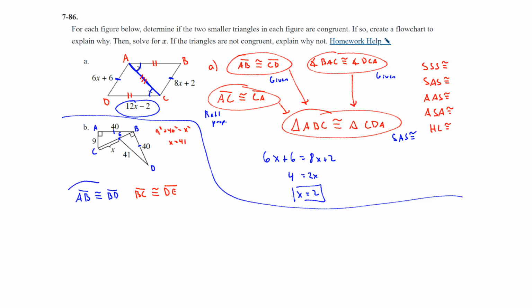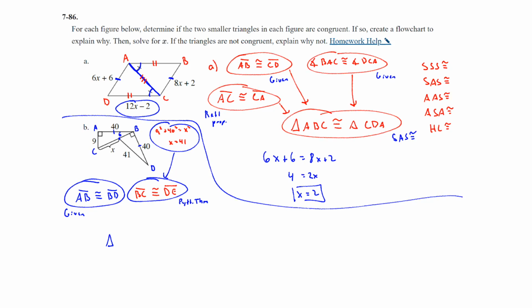And so this one right here was given to us. They were both 40. This one here actually was figured out because of Pythagorean theorem. And the work to that really is up here, so we could tie that in there if we needed to. And then those two can create our triangle congruency because we can use hypotenuse leg.